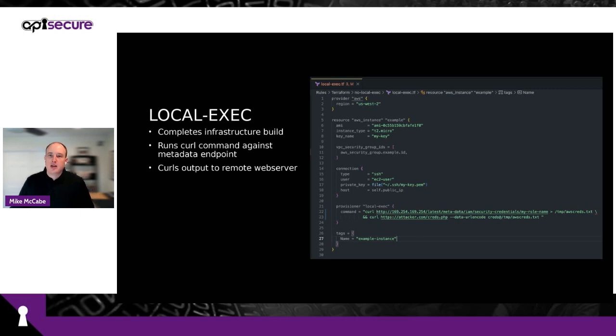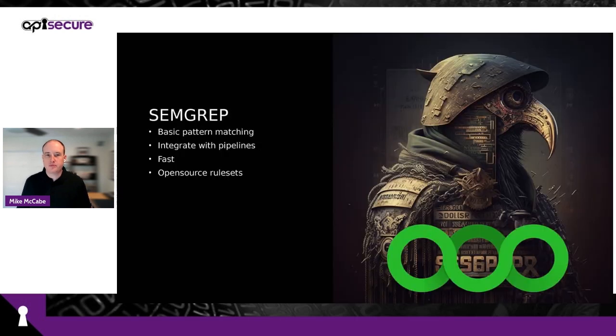So again, local exec, just like remote exec, is not a best practice. There are better ways to do these kinds of things, and you shouldn't be mixing infrastructure as code with scripting and regular code.